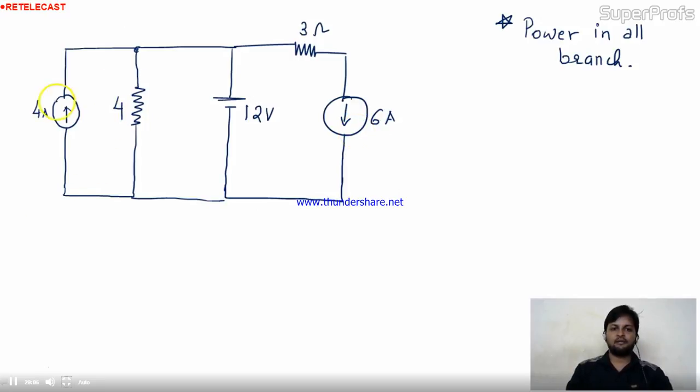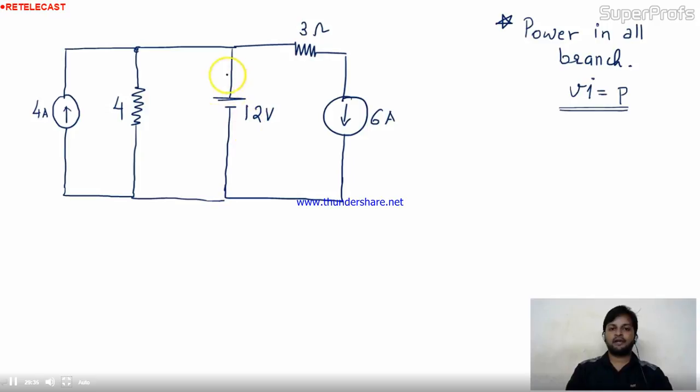Once we find the currents and voltages in all branches, we can calculate power easily: V into I is power. The 4 ampere is given; if you find the voltage across it, you can find its power. If you find the current in the 4 ohm resistance, you can find the power drop.